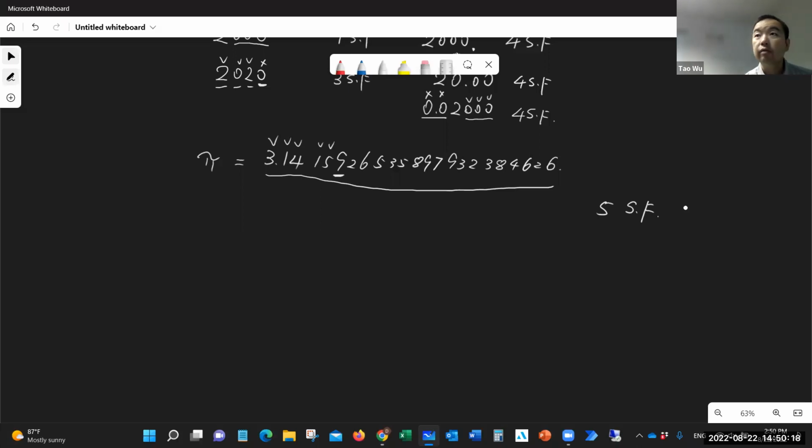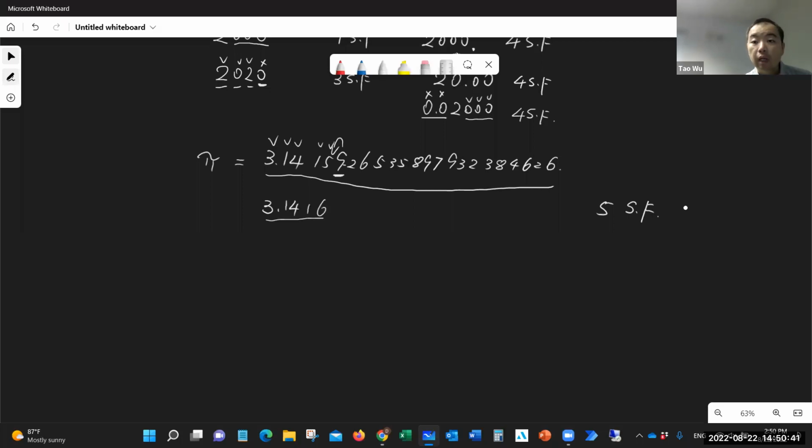If the number is above 5, you're going to round it up. Then you cut off the rest of that. So the answer will be 3.1416. And this gives you the 5 sig fig for the pi number.